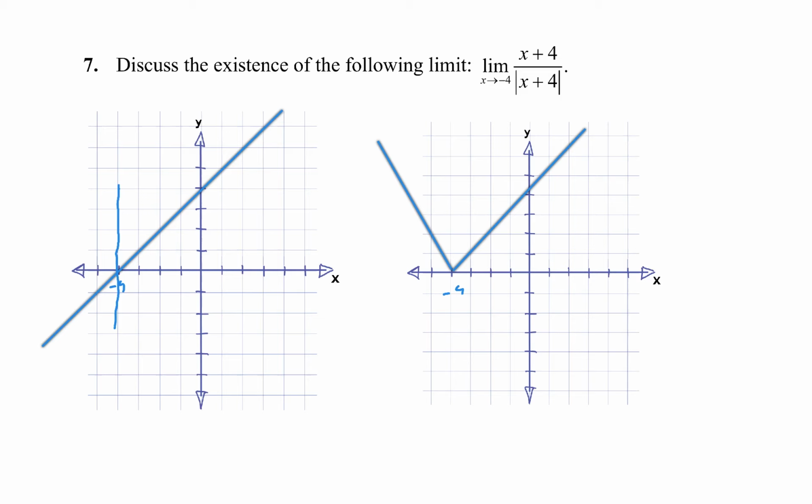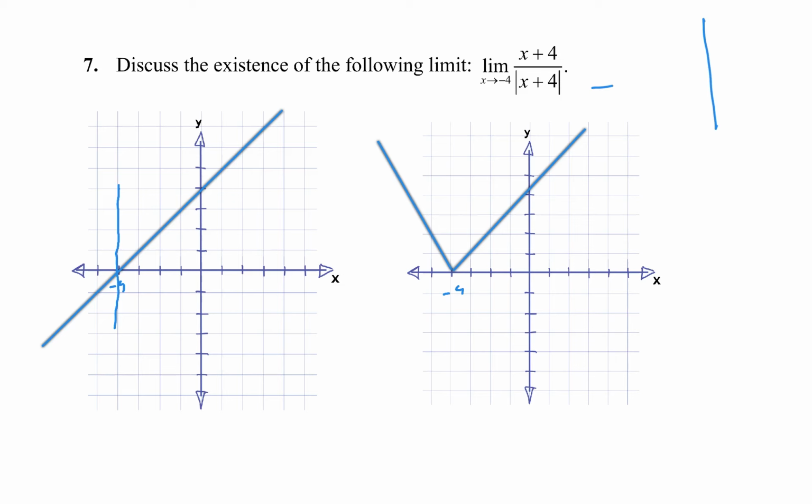When I divide to the right of minus 4, this function divided by this function, it will be 1. It's the same function, you see? They are parallel. So the graph will be like this.